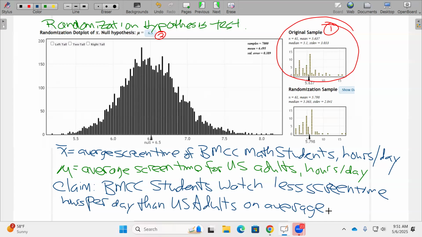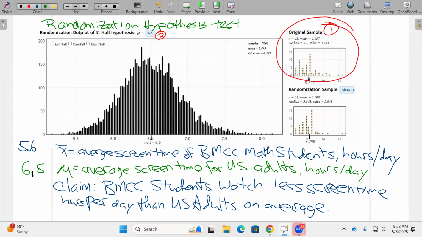We have a value for X bar. According to the sample, the value is about 5.6. And for the population, the value we looked up was 6.5. So 5.6 is definitely less, for sure. But is it significantly less? Is it far enough away to say BMCC students seem a little different than the average adult?